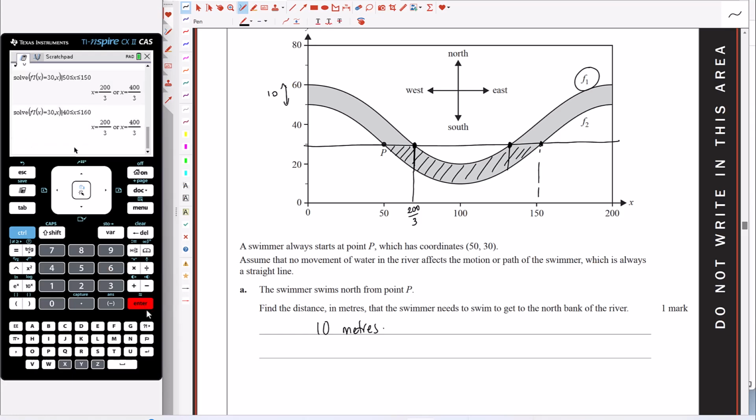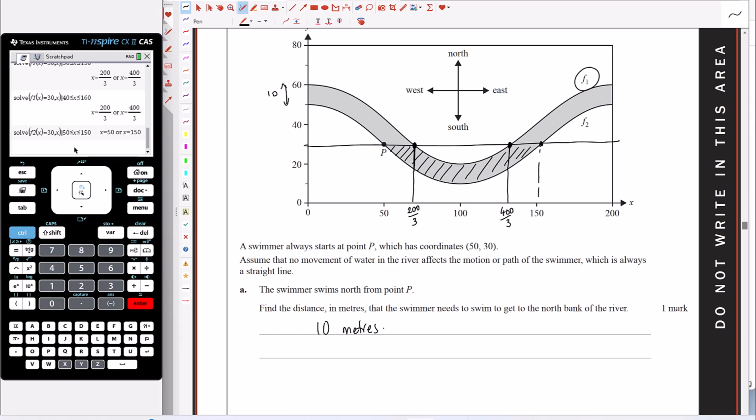It's interesting that it doesn't actually... Oh, sorry. No, that's right. It's because I'm solving f1 of x. So this point here is 400 on 3. And then we would need to solve f2 of x. Sorry, let's go back. So we'd need to solve the other function to find those other 2 points, which should be 50 and 150. Yeah.